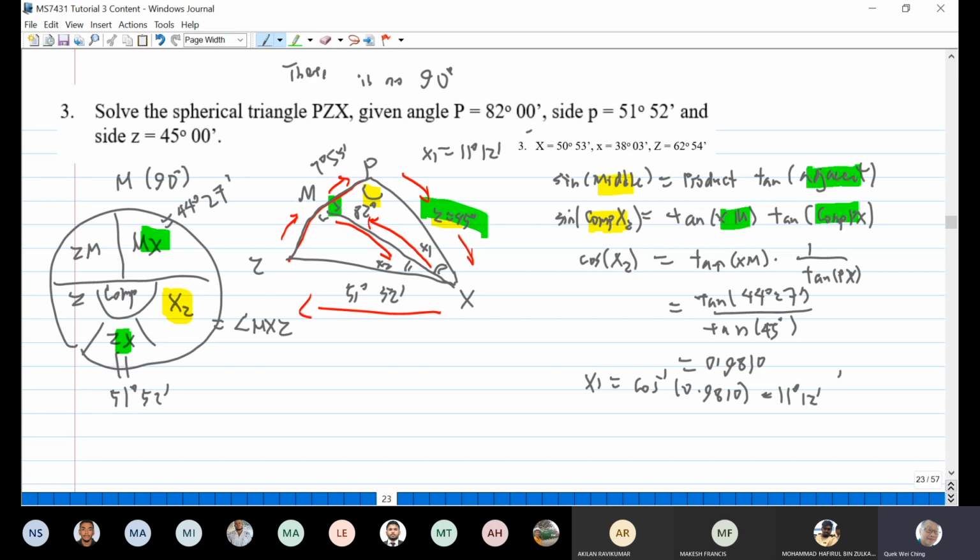And then product of tangent XM on the right, and then ZX on the bottom now. It's not PX anymore. So this is ZX here.